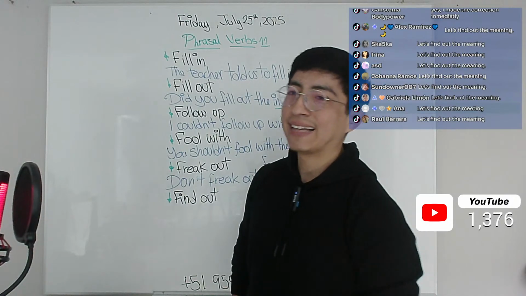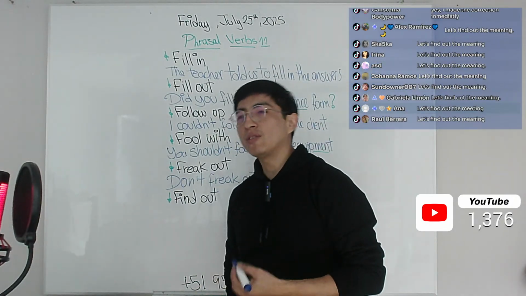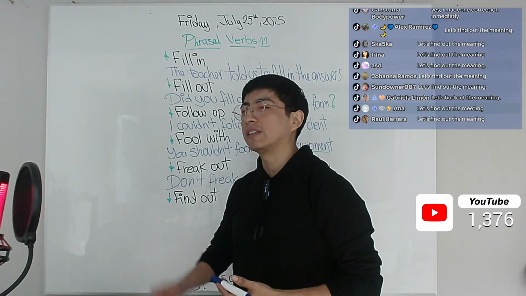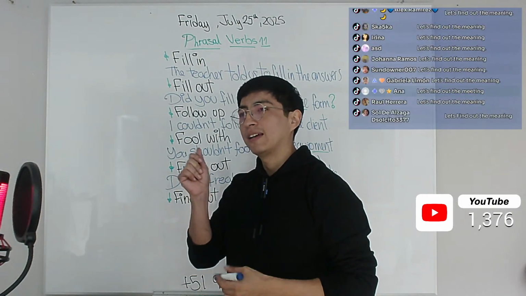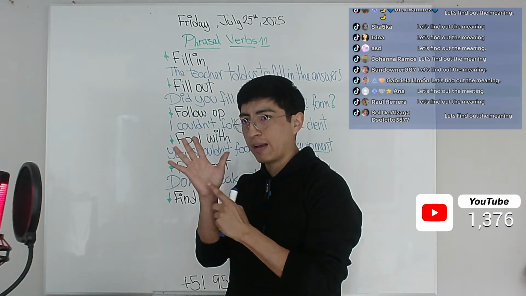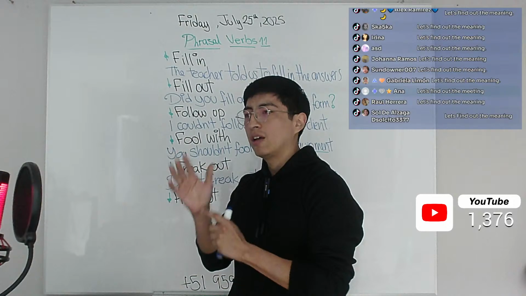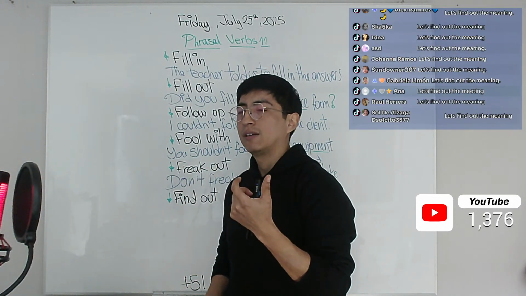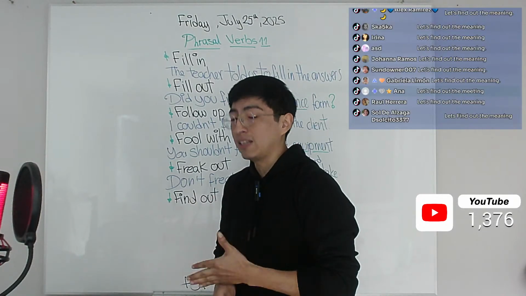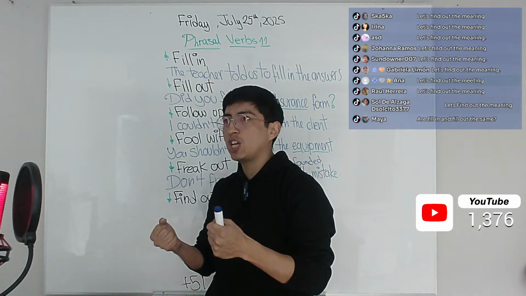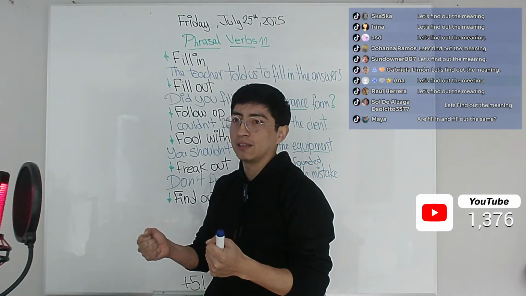Guys, if you are in an English class, it's very important that you have a dictionary with you. Maybe a physical dictionary, a paper dictionary, or a dictionary on your cell phone. Okay, it is not cheating. Some people say, no, if I open the dictionary, I'm cheating because I need to know the meaning.